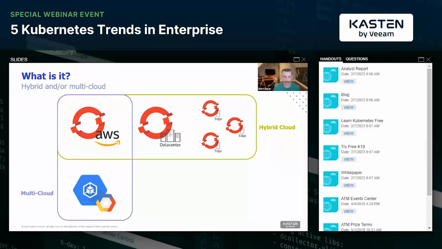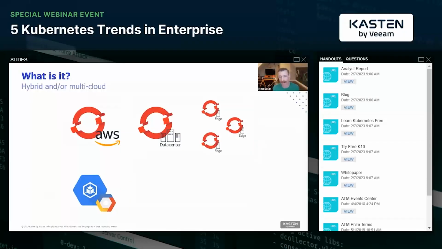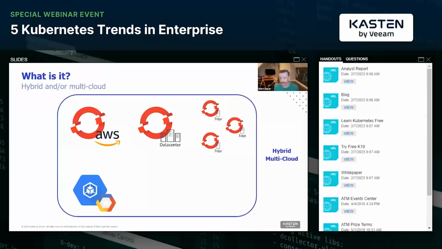I don't want to marry myself just to AWS or to Microsoft Azure, but I want to have a strategy where we've got fluency in both and the ability to run workloads in both, ideally with the ability to move across them. If we combine all of that together, hybrid multi-cloud is probably more your panacea, as I want to be able to run my workloads wherever it's going to make the most sense to do so. And I think Adam, you've got some stats.